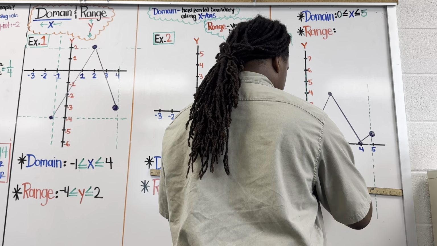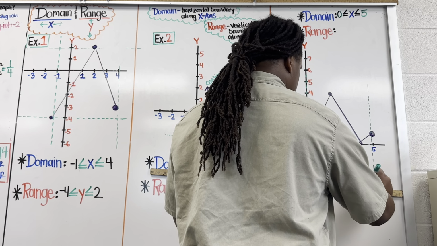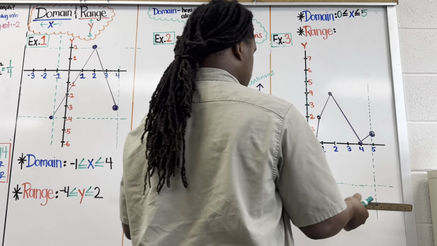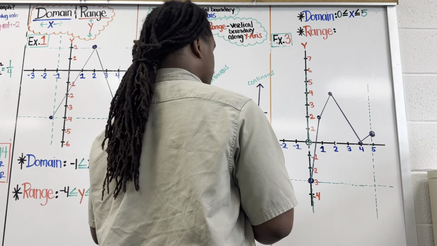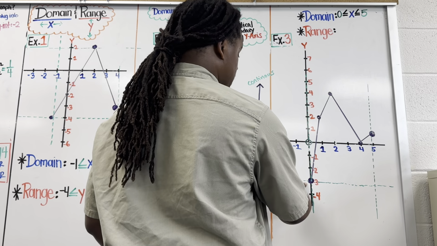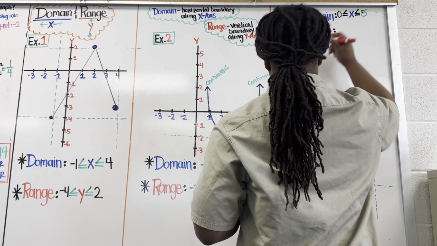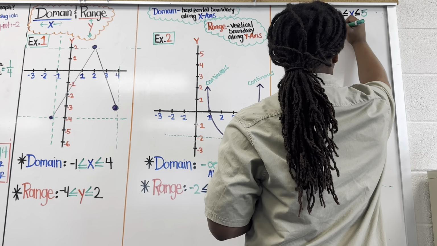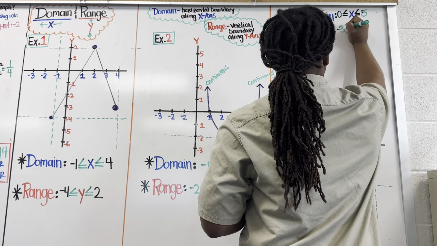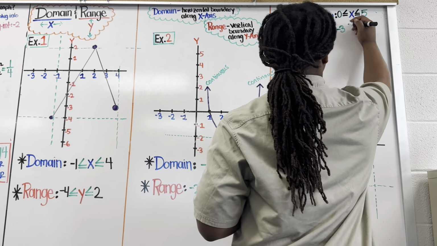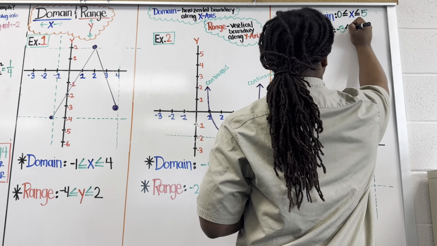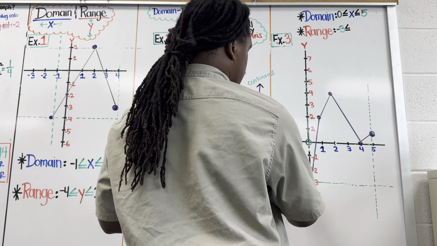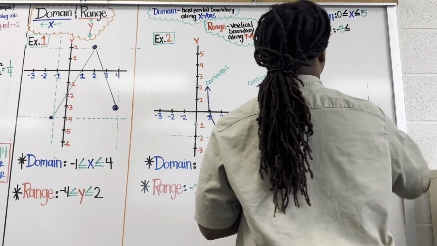This right here is a boundary, and I'm just drawing these little green lines so you can see the boundary. At -3, y can be -3 because that's a closed circle. So it's going to say -3 is less than or equal to y.